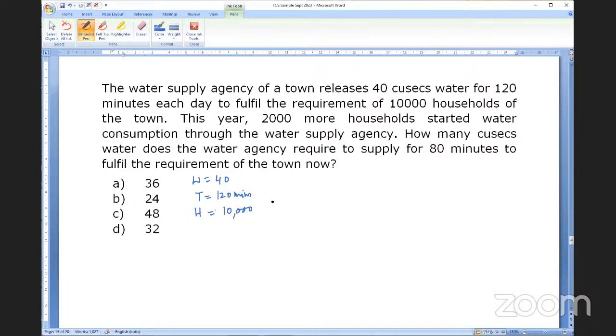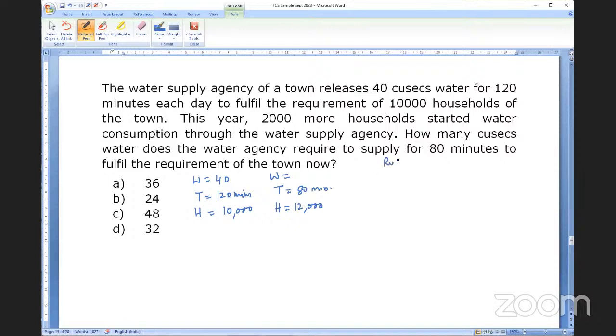This year, 2,000 more households started water consumption through the water supplying agency. So this year, the new household size becomes 12,000. Initially, it was 10,000. How many cusecs of water does the water agency require to supply for 80 minutes to fulfill the requirement of the town?